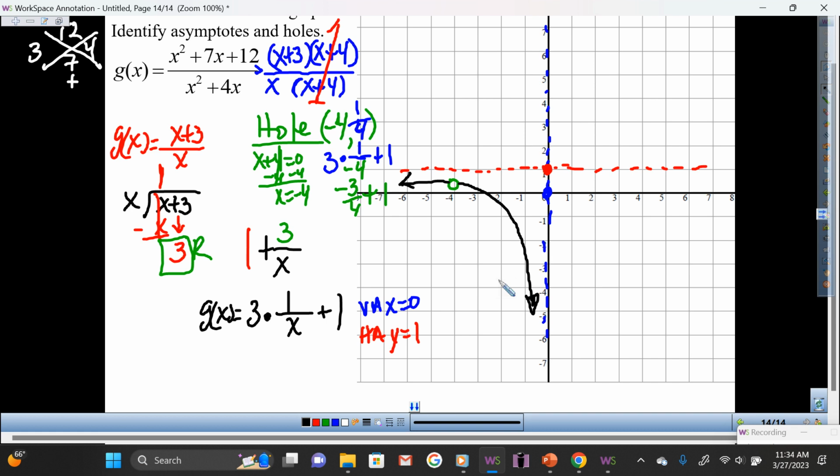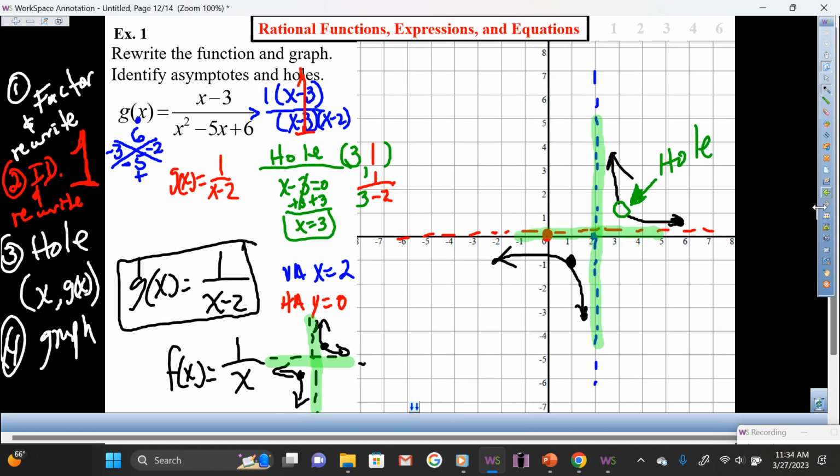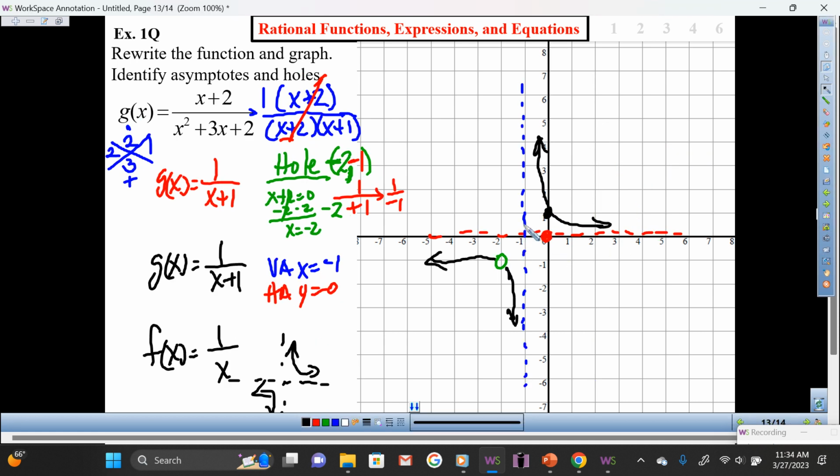All right. Now before I graph the other point, look up to the screen. Look at the graphs for the previous ones. This point is 1 to the left, 1 down. This one is 1 to the right, 1 up. This one, the hole is 1 to the left, 1 down.